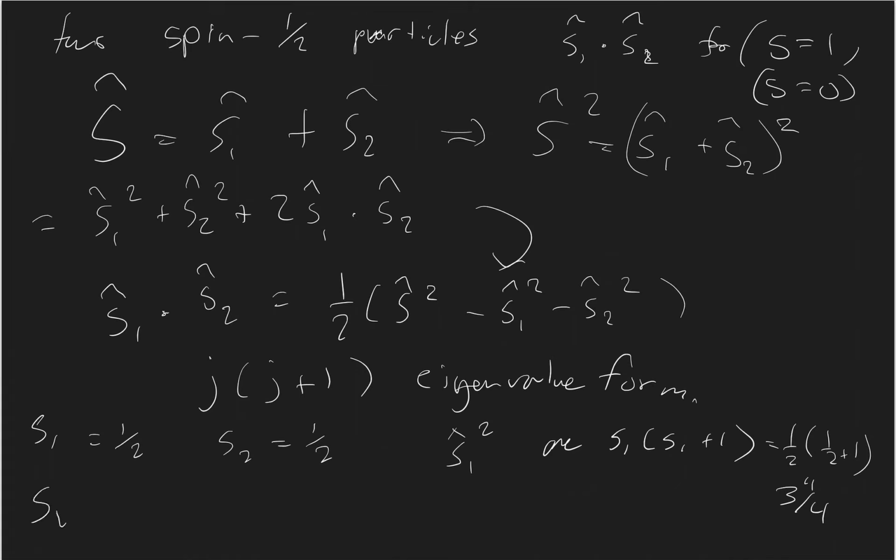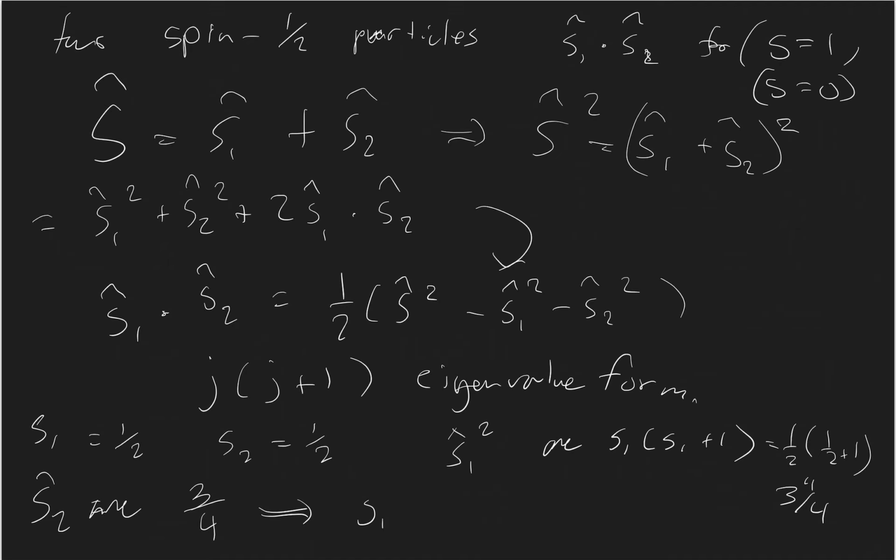Okay. And then the eigenvalues of S2, this operator here, would be pretty much the same thing. It should also be 3/4, because it's the same kind of spin half particle.